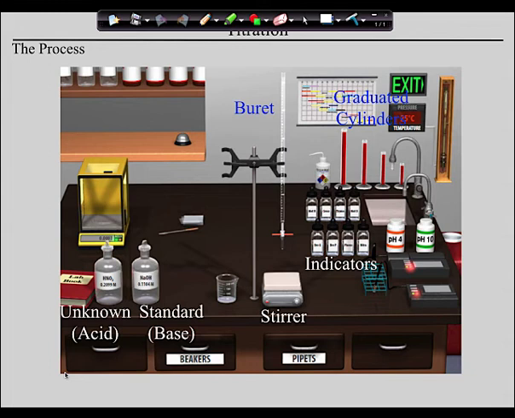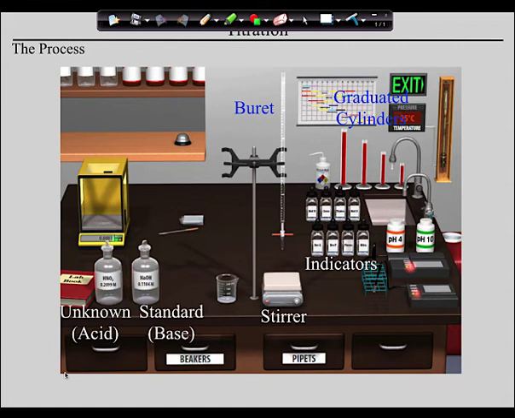So guys, our standard is always going to be sodium hydroxide, our base. Now guys, what is it that makes this the standard? What makes it the standard? You know the concentration. The unknown will be the acid. See the problem? We know its concentration.